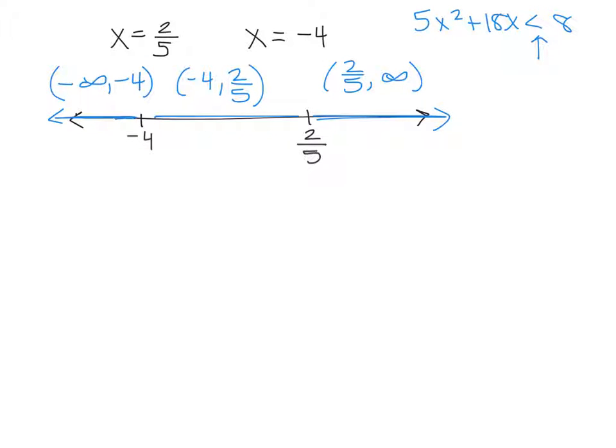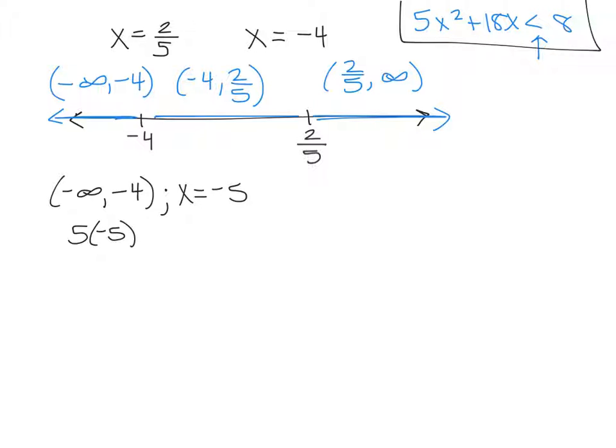Now we're going to test each interval by choosing a value within the interval and then plugging it into the original inequality. So first I have negative infinity to negative 4, and I'm going to choose x equals negative 5. You can choose whatever number within that interval that you want. So 5 times negative 5 squared plus 18 times negative 5 is less than 8.